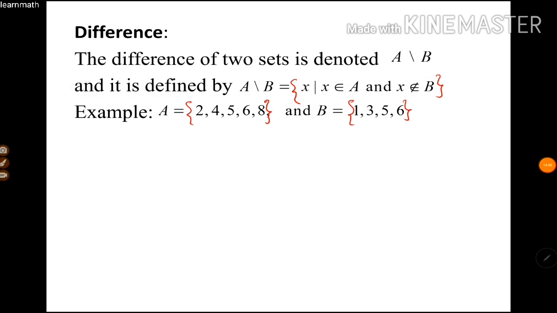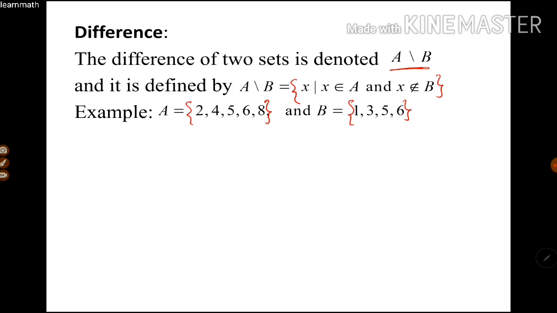The next one is difference of two sets. The difference of two sets is denoted by A minus B, and it is defined by A minus B is equal to the set of elements X such that X belongs to A and X does not belong to B, which means the collection of all elements which belong to A but not in set B. Now come to the example.